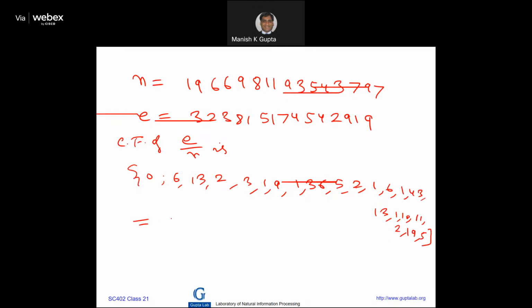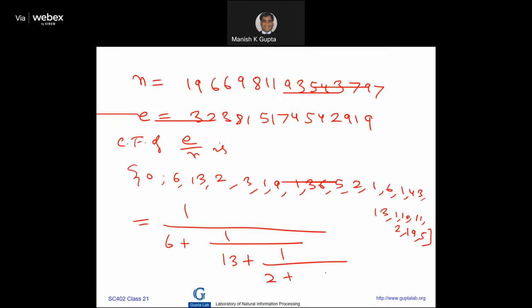How do you read it? 1 divided by 6 plus 1 divided by 13 plus 1 divided by 2 plus 1 divided by 3 plus 1 divided by, and so on. You keep on doing it, right?